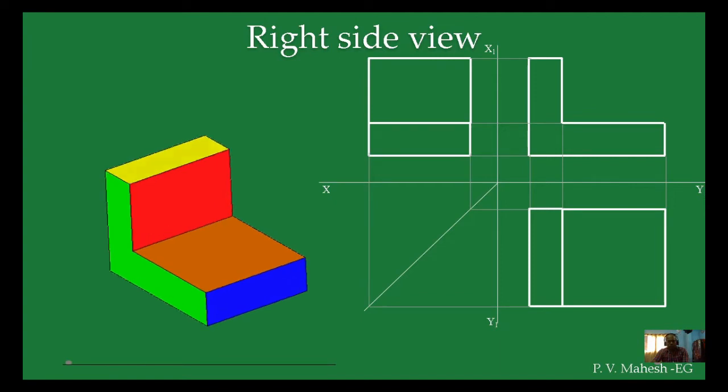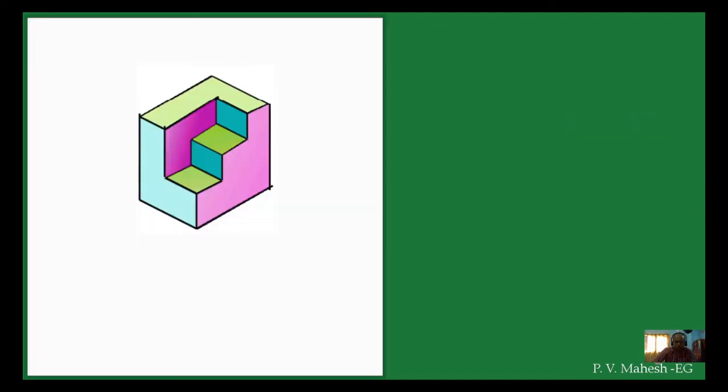We will go for a little more difficult ones. Now here is the object, and what will we see in the top view? In the top view, all these vertical lines will look like points.